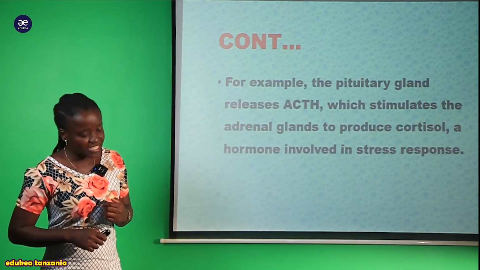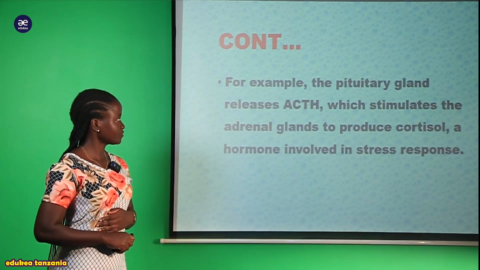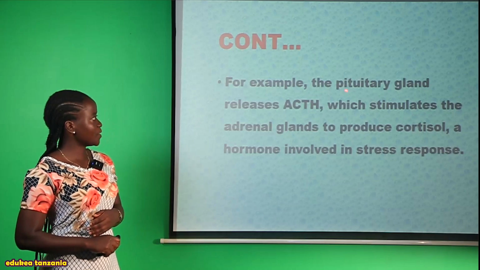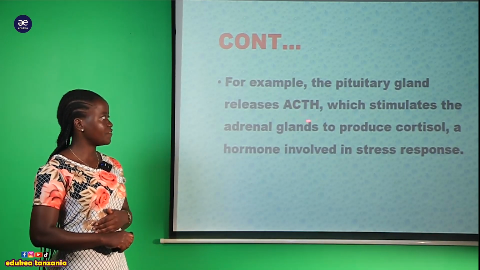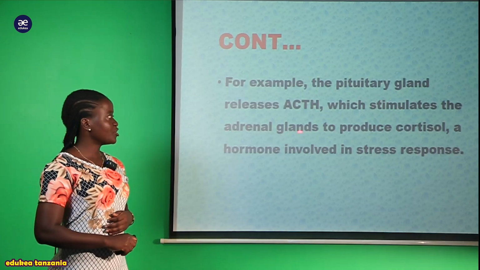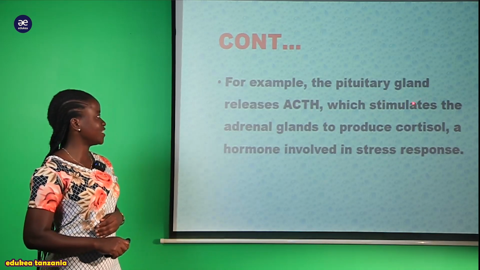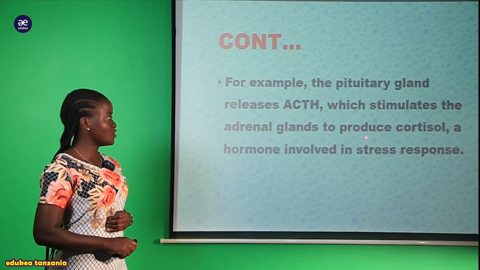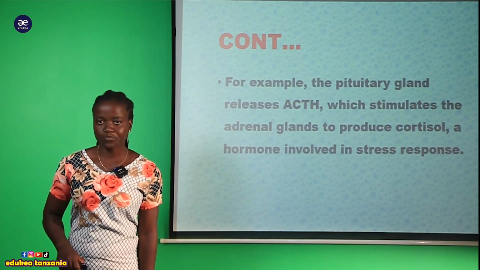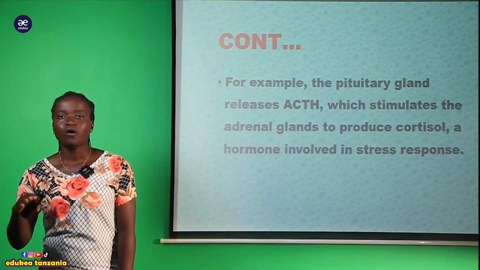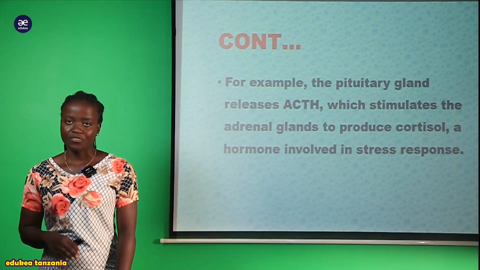And now let's see this example. For example, the pituitary gland releases ACTH, that is adrenocorticotrophin hormone. This adrenocorticotrophin hormone will stimulate the adrenal gland to produce cortisol, a hormone which is involved in the stress response, that is the low sugar level within the body.